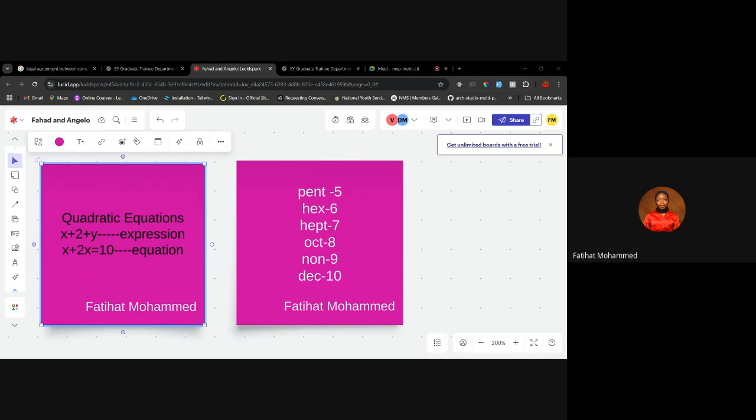So now, as I was saying, I already explained what equation means. A quadratic equation is any equation that has the highest power of the equation equal to 2. You get it?